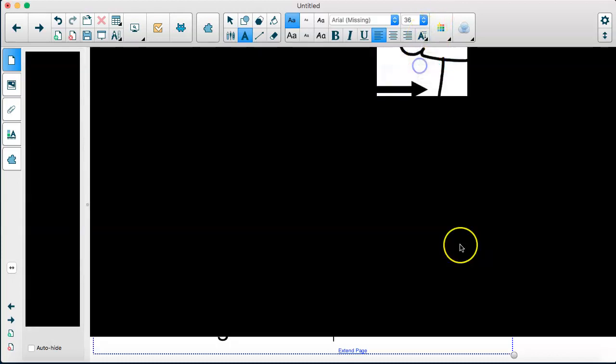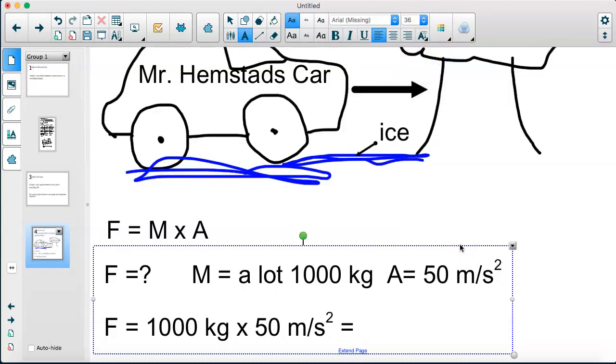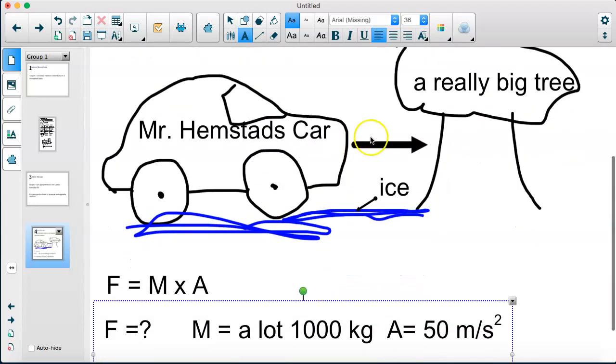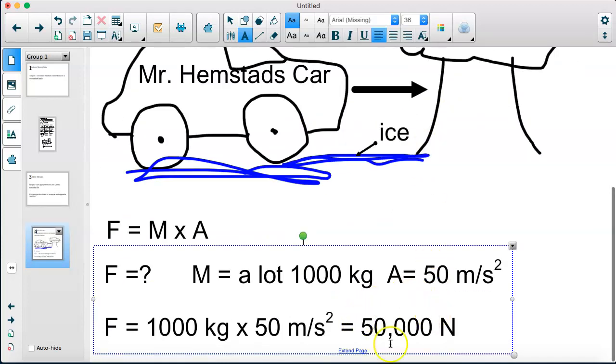then if we use our handy dandy little calculator, 1,000 times 50 is 50,000 newtons of force. And remember in our video yesterday, we were talking about things having small, medium, or high amounts of force. 50,000 newtons of force is a lot. So why does it matter? Well, because in about 2 seconds, my car was going to hit a really big tree with 50,000 newtons of force.